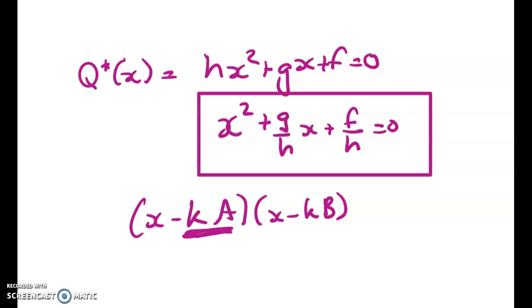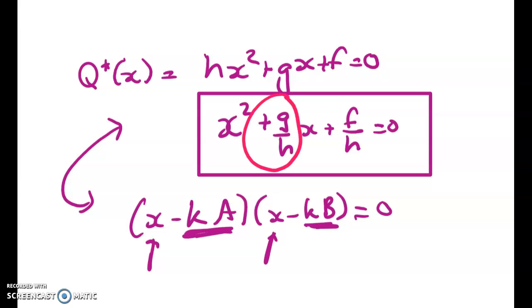Right, so these are the roots of the equation. When I put in ka here, I'll get 0. When I put in kb here, I'll get 0. So these two things are the same. And that means that I can look at the sum of the roots here, and I know that the sum of the roots has to equal negative g over h.